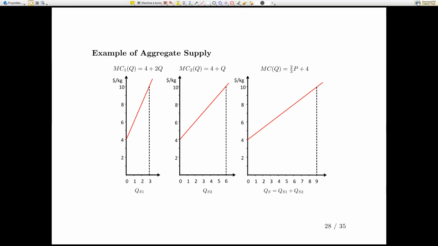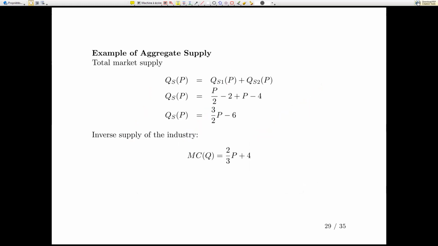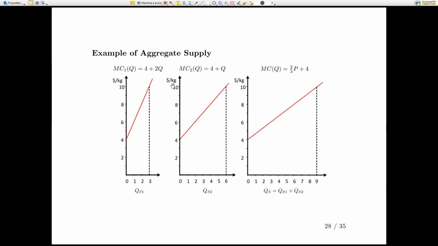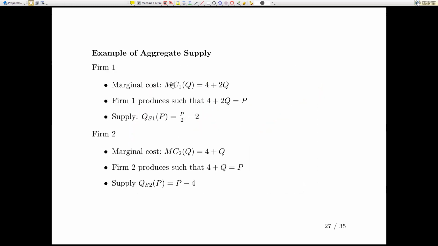So I'm going to give you exercises, so that you can verify that you understand well what's going on. Right, so, example of aggregate supply. What you do is you invert both curves, and then you get QS1 of P, QS2 of P, then you can add these together.